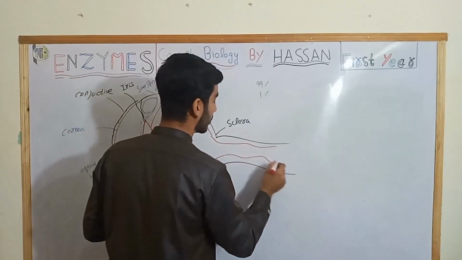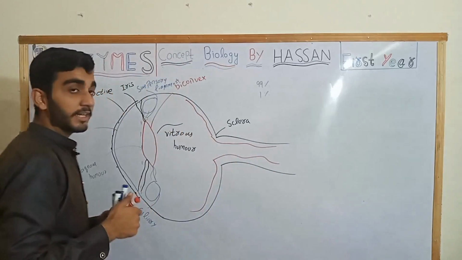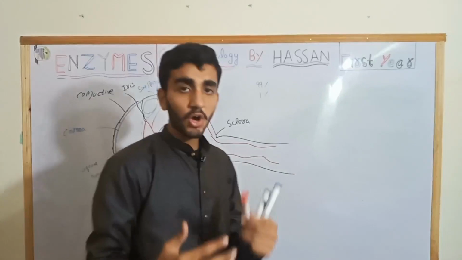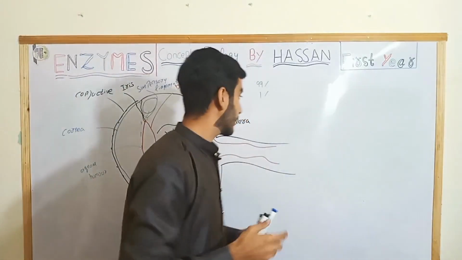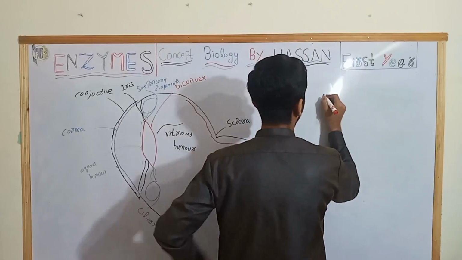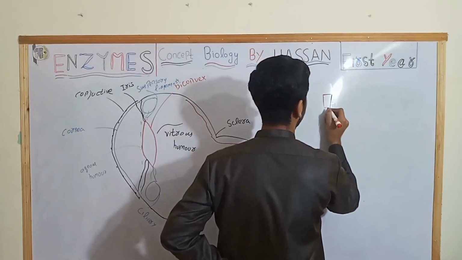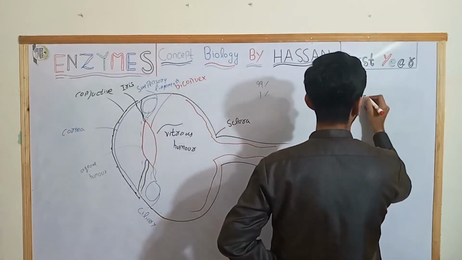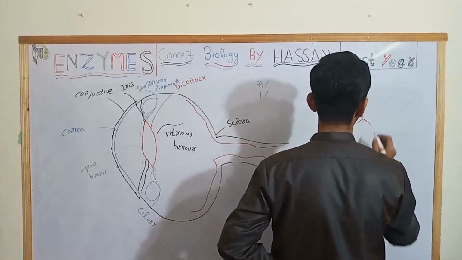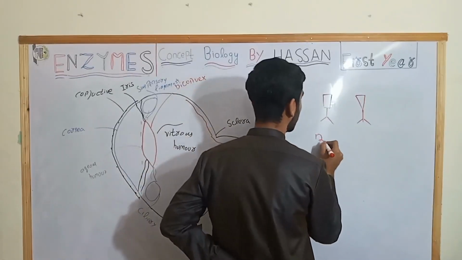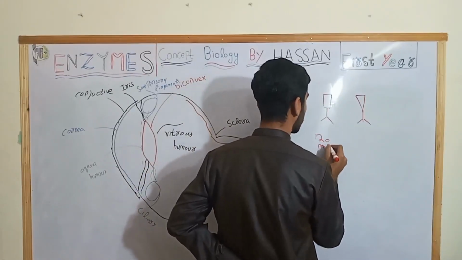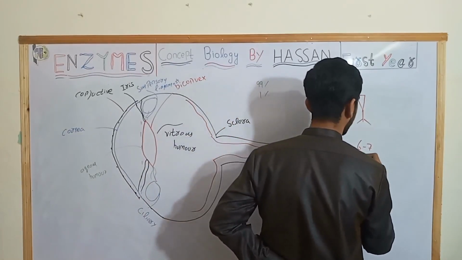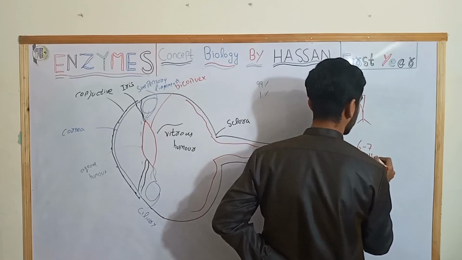The image formation happens there. Retina contains rod cells and cone cells. We call them rod or cone due to their shape. If we draw a rod cell, it just looks like that. There are 120 million rod cells in our eye and 6 to 7 million cone cells.